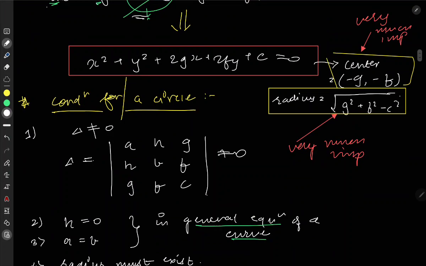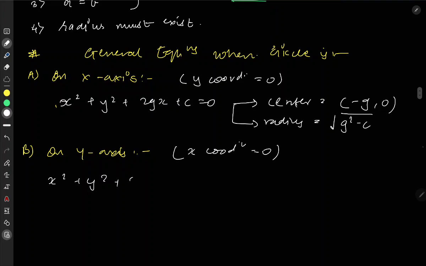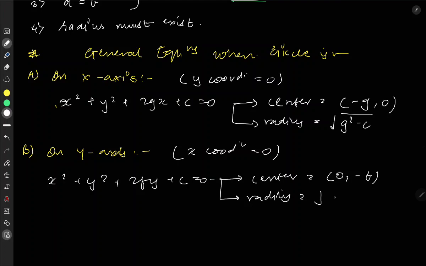So this term minus g will be 0 now, so this term would get eliminated, and hence the resultant equation would look something like 2fy plus c equal to 0. So now repeat with me, the center would be 0 comma minus f and the radius will be equal to root of f square minus c.